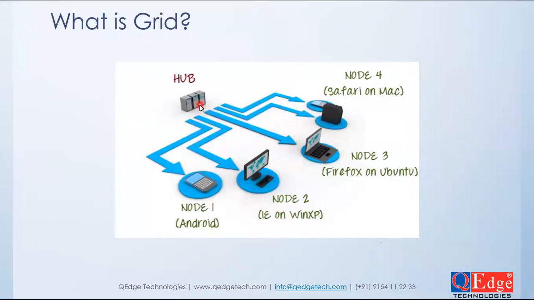The Hub computer distributes the test cases to node machines, different devices. Maybe in this computer, test cases are running on Safari browser, Mac operating system; Firefox, maybe another operating system; Internet Explorer, Windows operating system; an Android device.